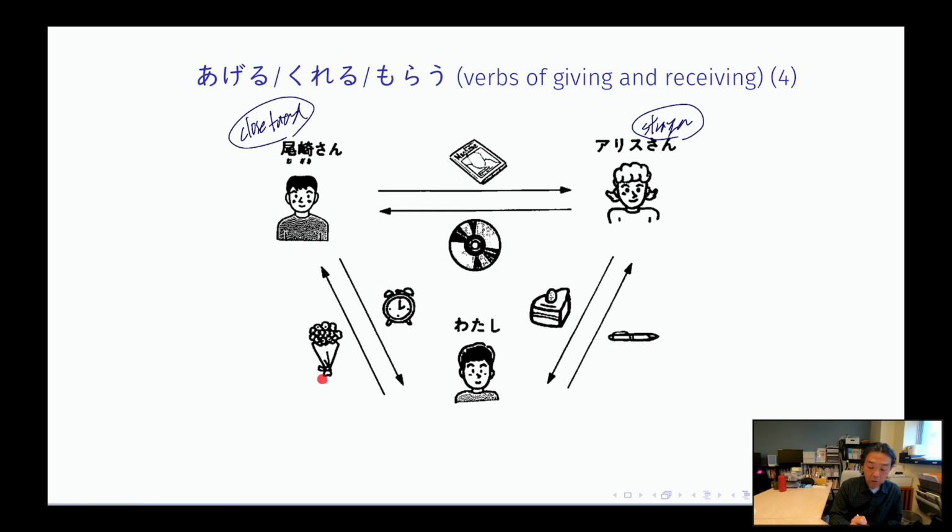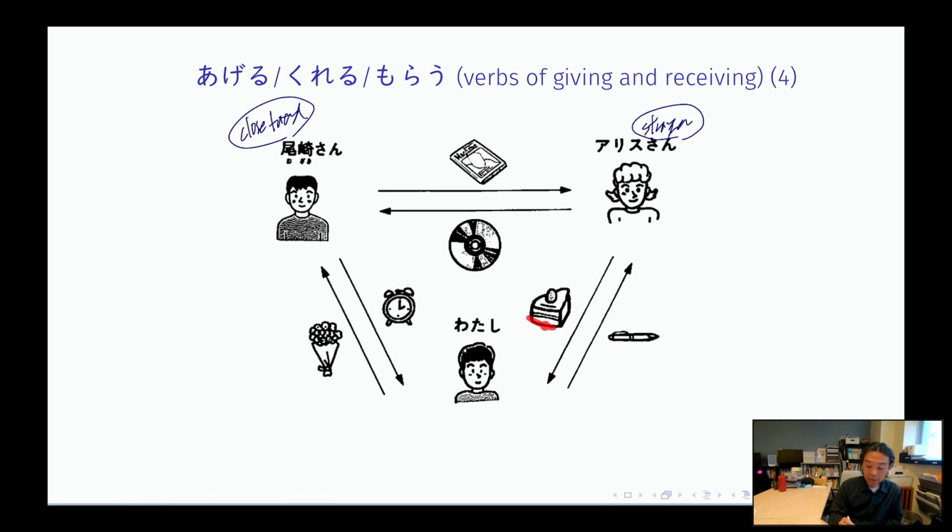Let's try using もらう to describe this transaction. Okay, now you have to start with the recipient, right? Since もらう is the opposite of あげる and くれる. So we say 尾崎さんは私に花をもらう.